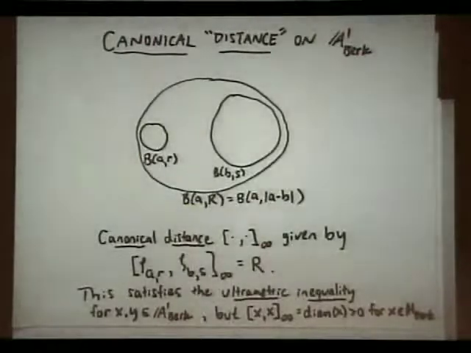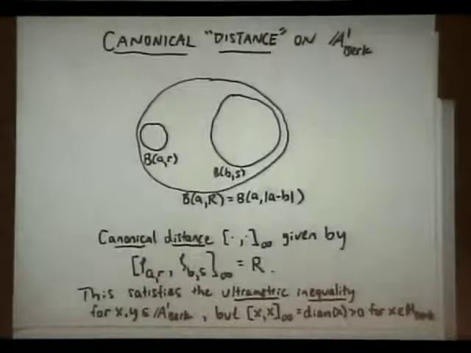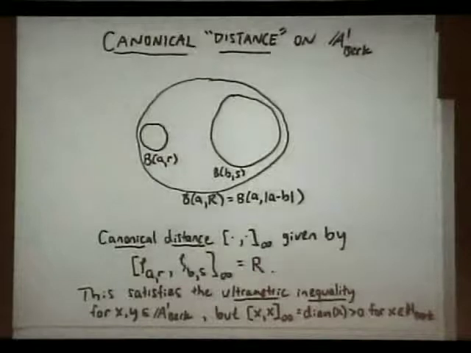So this actually extends the usual distance on K, because if you think of these as disks of radius 0, diameter 0, just a point A and a point B, then the smallest disk containing both, its radius or diameter, will be the absolute value of A minus B. And so this is a way of extending to Berkovich space the notion of the distance between 2 points in affine space in K. And this is an ultrametric, except it's not actually a metric because the distance from a type 2 point to itself, for example, is positive.